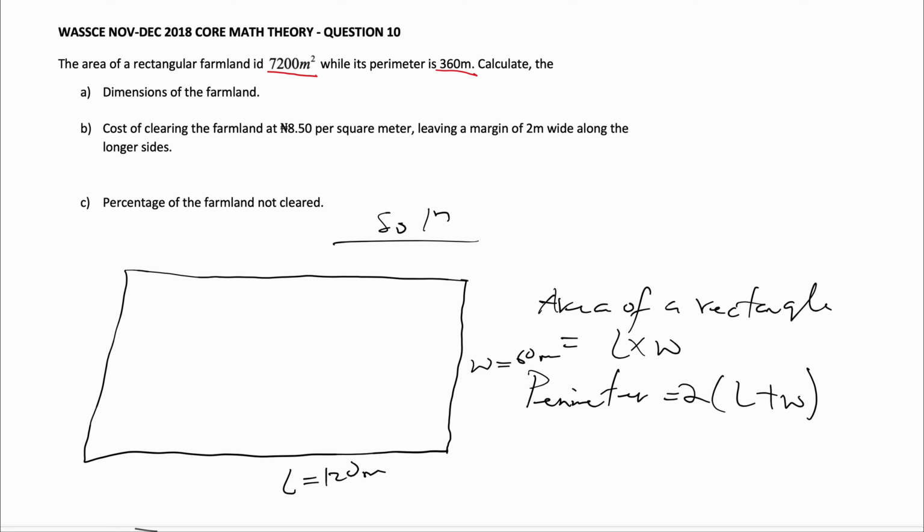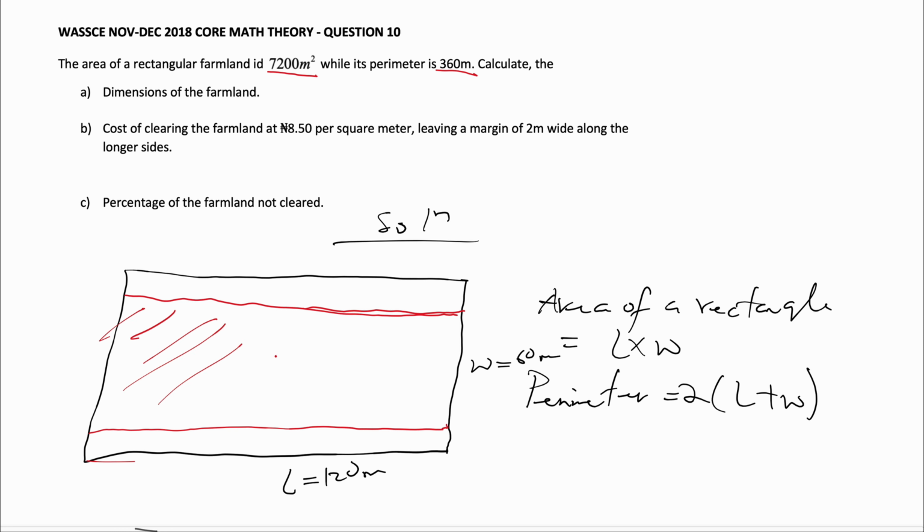square meter, leaving a margin of 2 meters wide along the longer side. So this is the longer side, and we are leaving a margin of 2 meters wide. We leave 2 meters here and 2 meters here, so we cleared just this portion.